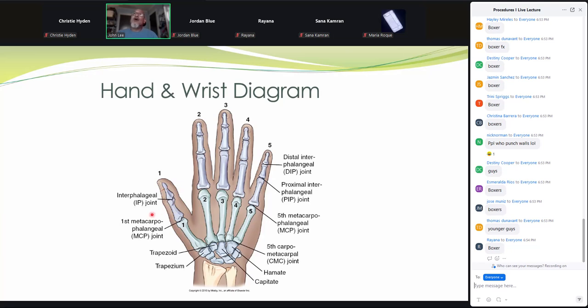So it only has 1 interphalangeal joint, whereas all the others have 2 interphalangeal joints, being proximal and distal. All 5 have a metacarpophalangeal joint, with the head of the metacarpal being distal and the base articulating with the carpal bones. 2 rows of carpal bones, with 3 of them comprising the wrist joint.